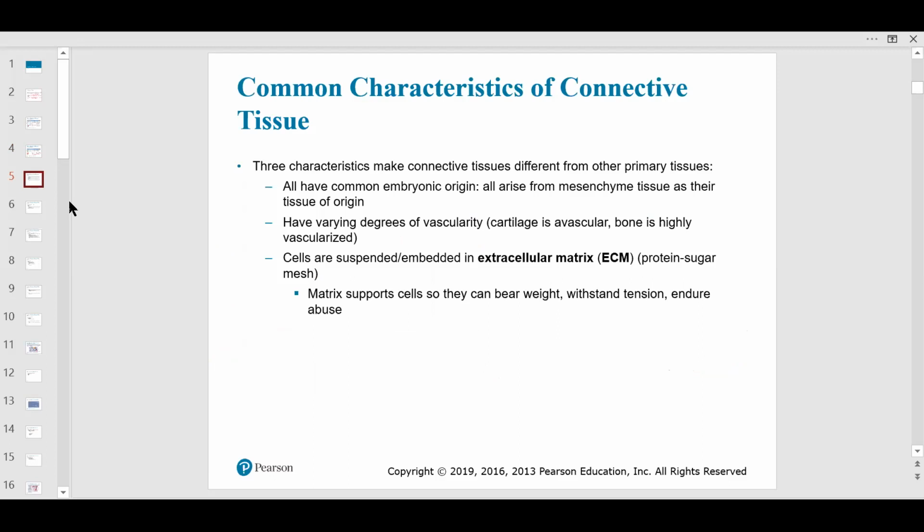Different characteristics make different connective tissues different from each other, obviously. I think I mentioned they all arise from a stem tissue called mesenchyme. Mesenchyme has already decided it's going to be connective tissue, but all connective tissues, including blood, start with mesenchyme. Tissue origin: the sperm swims up the fallopian tube and meets up with the oocyte.